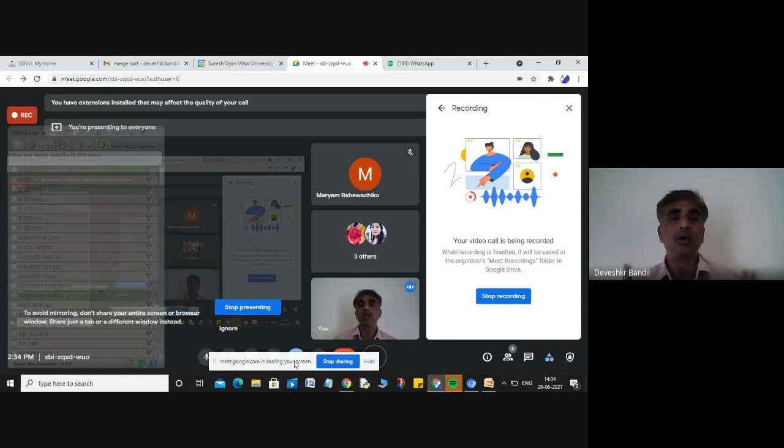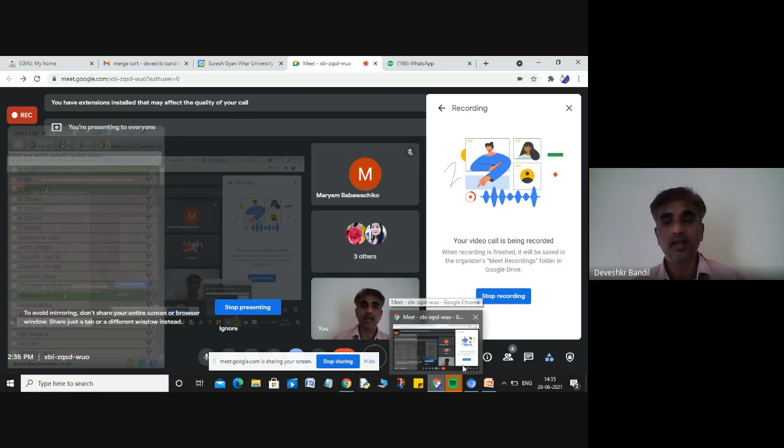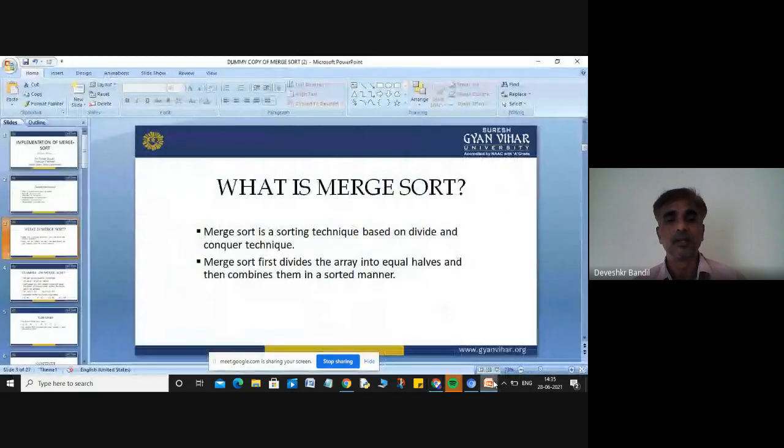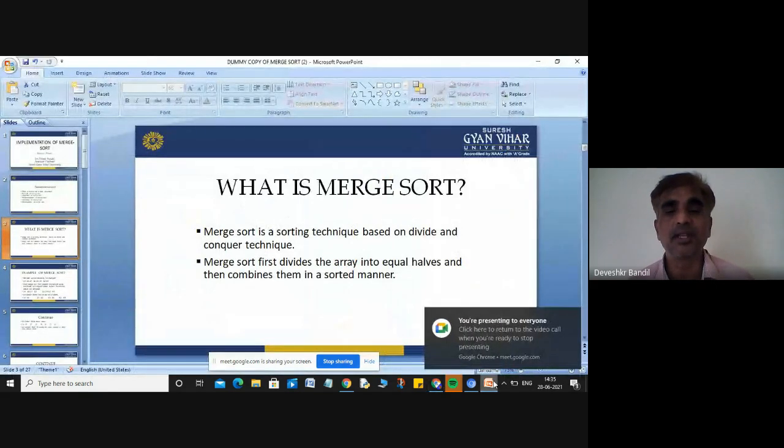Each employee will perform their sub module, and after completion the sub modules will be combined. So the merge sort algorithm is based on the divide and conquer method, as per the example I gave. And merge sort first divides the array into equal halves.